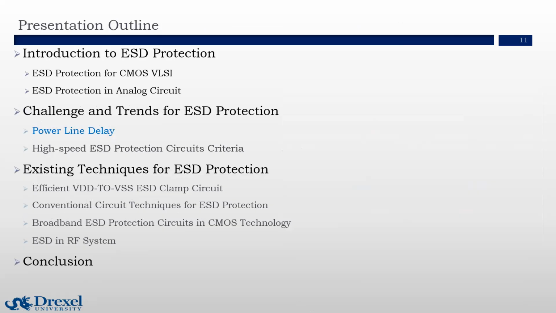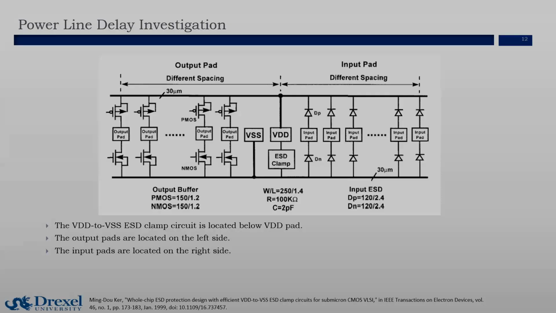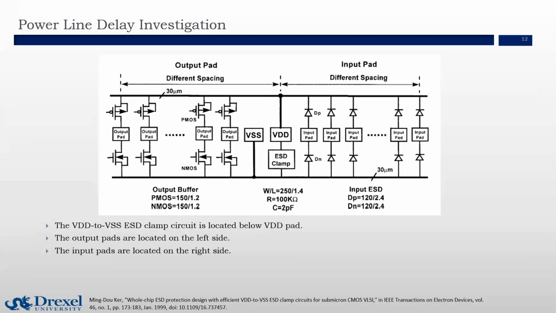Okay, now let's take a look at the power line delay. The power line delay depends on the location of our input and output paths. So in this test condition, we put our output pad on the left side and our input pad on the right side. And we have an ESD clamp device located below our VDD pad, so that if we apply ESD stress on different pads, we can measure the voltage seen on the ESD clamp.